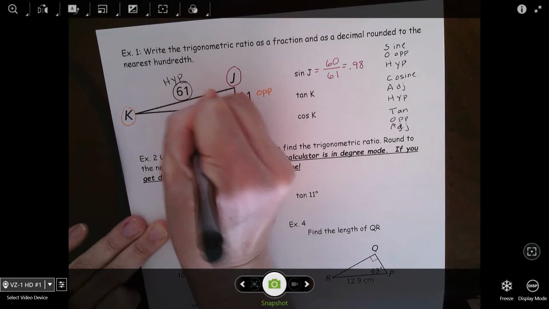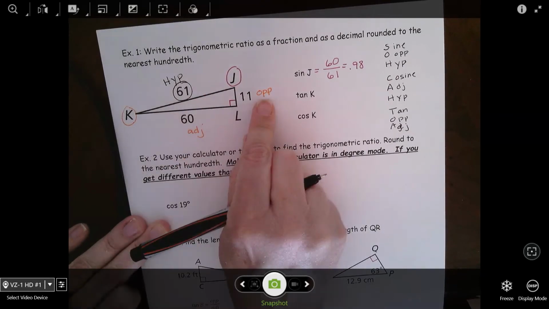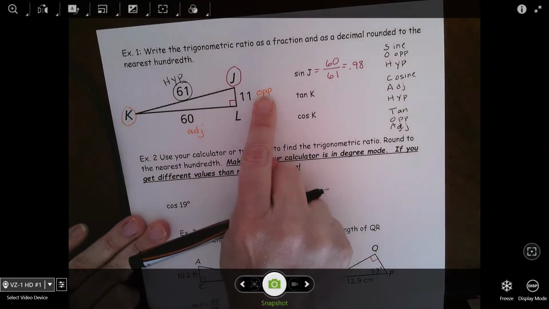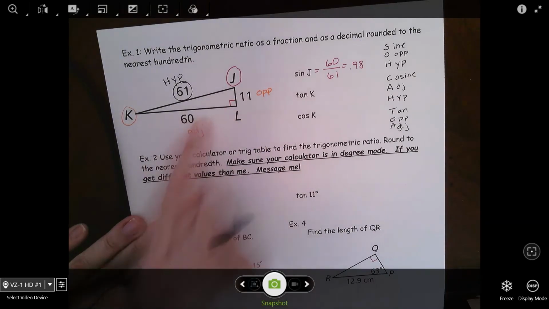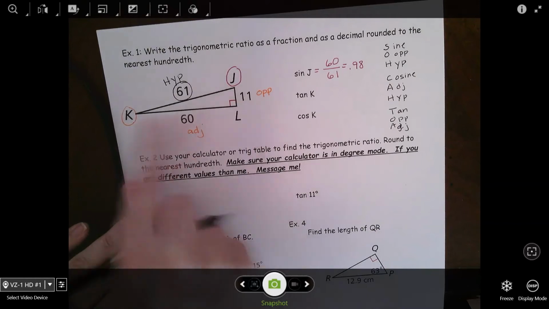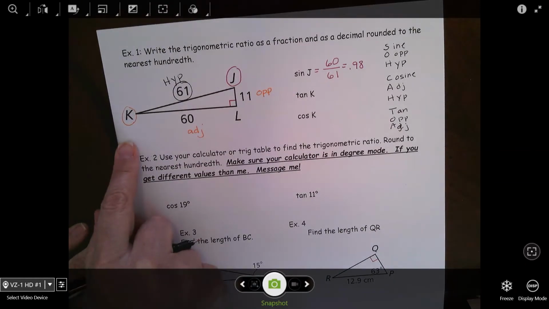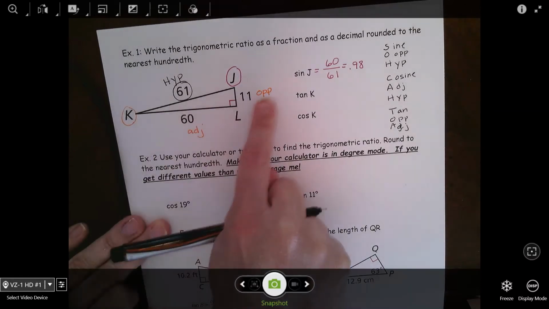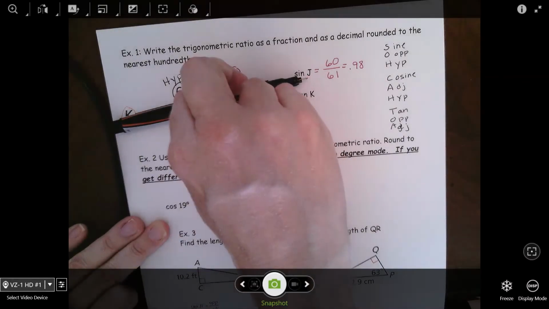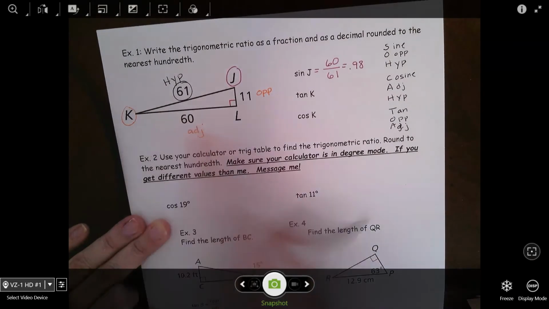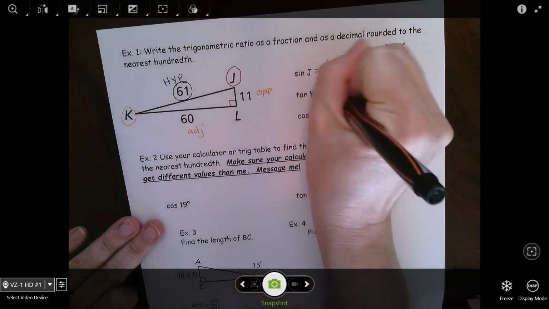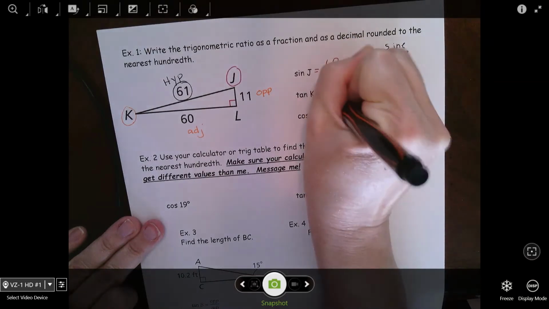And then this is my adjacent. Remember, your opposite and your adjacent switch depending on which angle it is. So for K, across from it is side JL, which is the 11, and the adjacent is the 60. So I'm going to put 11 over 60.